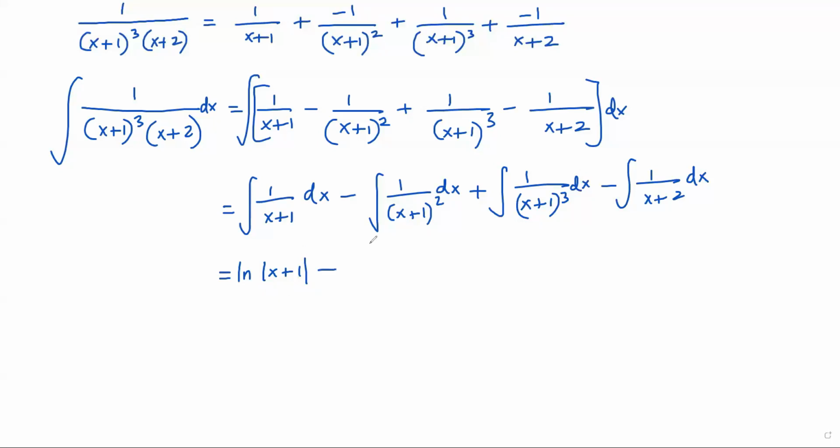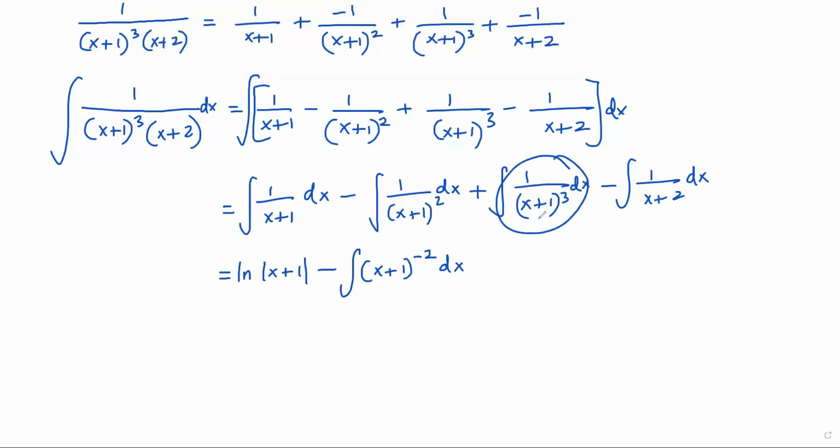Okay, negative. Here I cannot apply the same idea to this integration that I applied for the first integration, because here the exponent of this x+1 is 2. So before we proceed with this integration, let's move this term to the numerator. If I move this term to the numerator, the exponent 2 will change its sign. Already it's positive 2, it will become -2. Then we have dx.